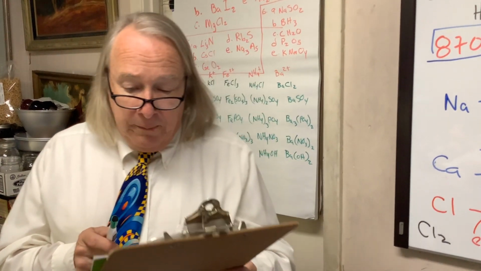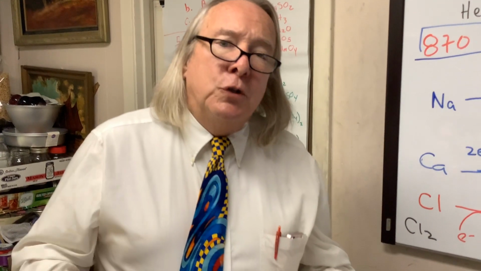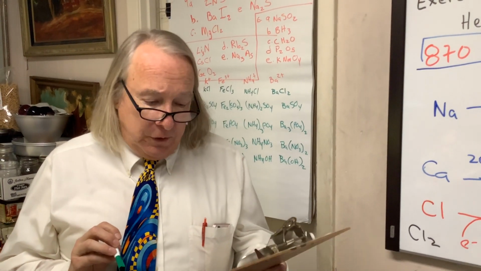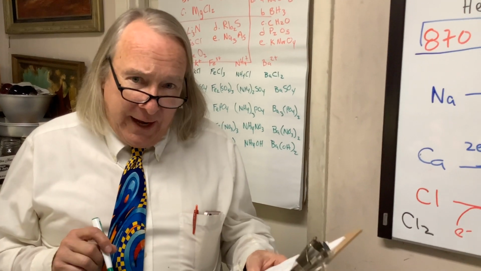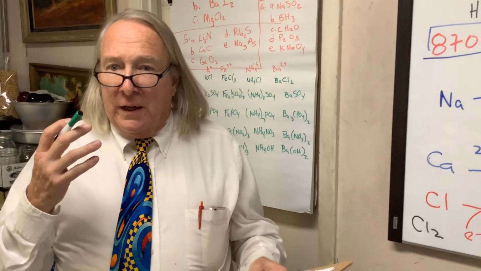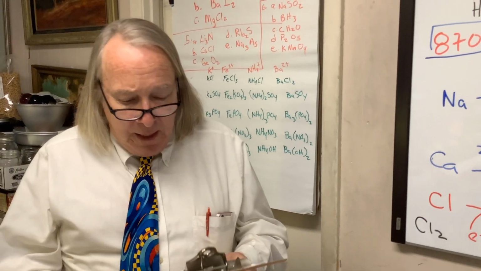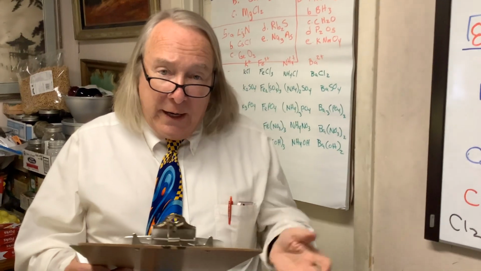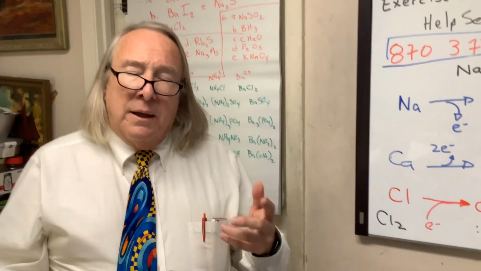The next one has a trivial name that's in such common use, it's found acceptance in the scientific literature. This is known as nitrous oxide. You may know it as laughing gas. It's used as anesthesia in dentistry. It's used as a propellant in whipped cream. But its formal name is either dinitrogen oxide or dinitrogen monoxide.